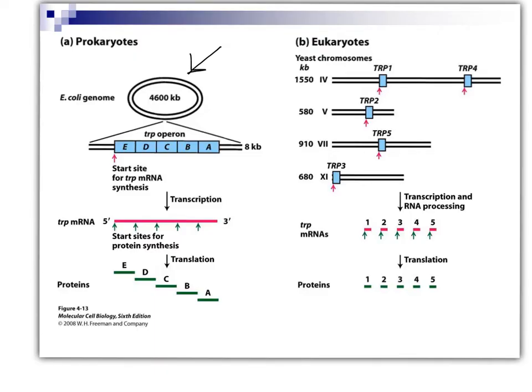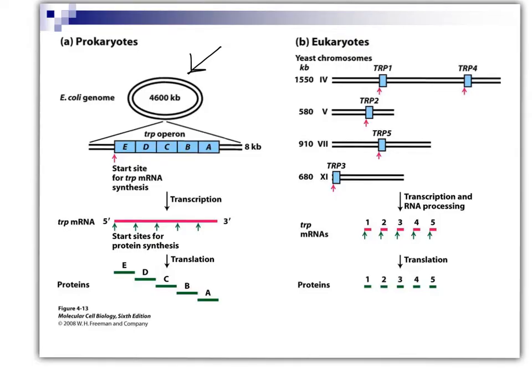In synthesizing tryptophan, there may be many enzymes that are needed to carry out tryptophan synthesis from start to finish, because every basic reaction in that series of events to form tryptophan is going to need its own enzyme. Now, what a prokaryote will do is that all the genes necessary for all the enzymes that are going to be needed for tryptophan synthesis are all located together.